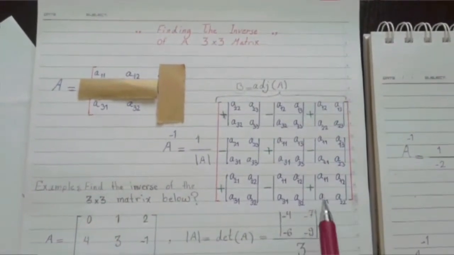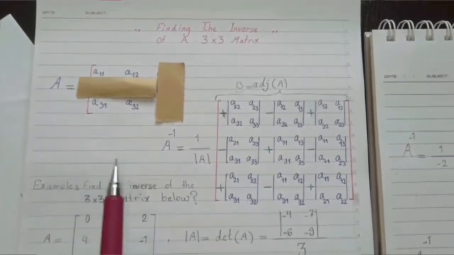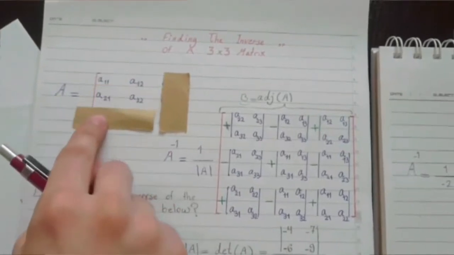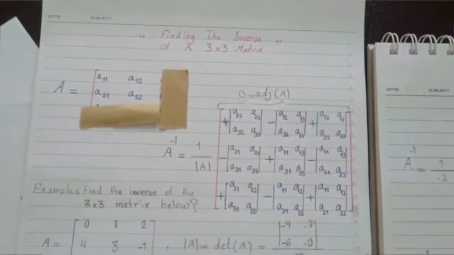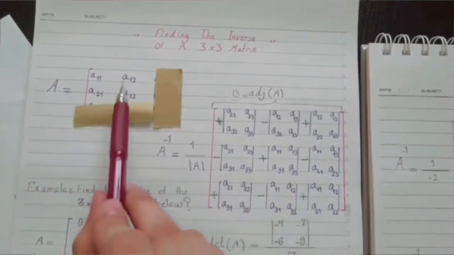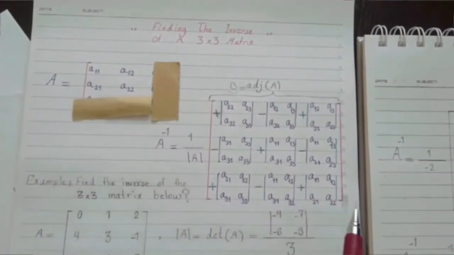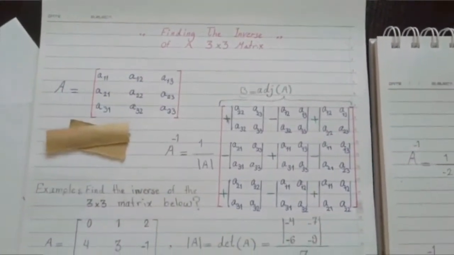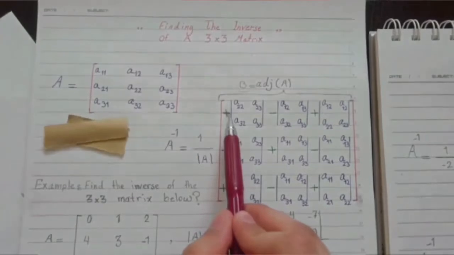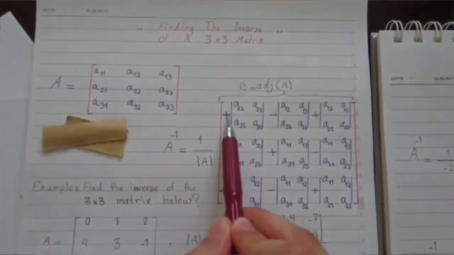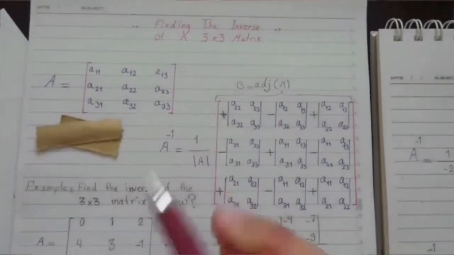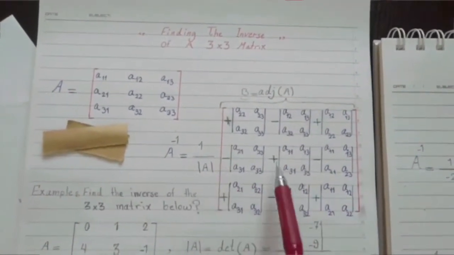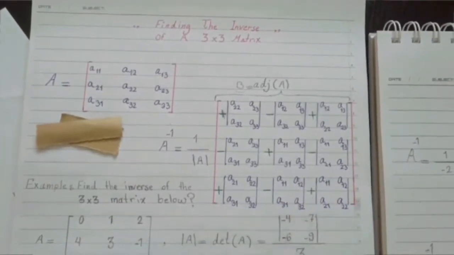And entry B sub 3 3 is equal to the determinant of the matrix of ignoring the third column and the third row that we are left with, which is equal to A sub 1 1, A sub 1 2, A sub 2 1, and A sub 2 2. Okay, that's all we need to do. And about the signs, we know that the first entry is positive, and from here we change the sign. For instance, here is positive, so it's going to be negative. Positive, negative, positive, negative, positive, negative, and positive.